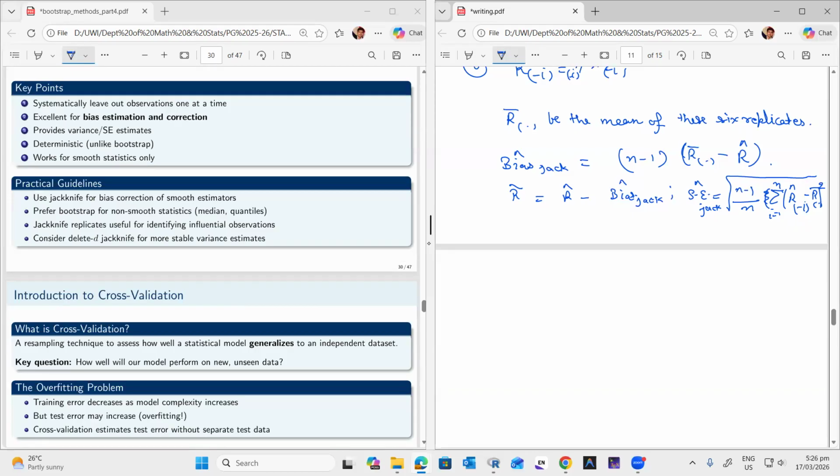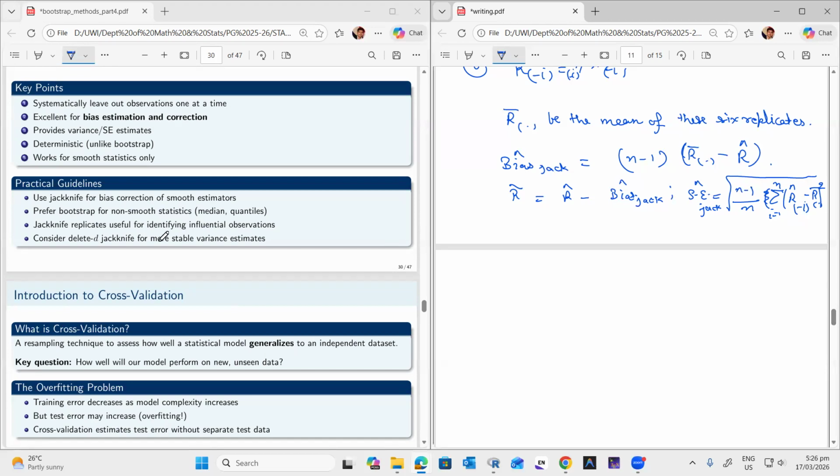We were not deleting any specific observation from the data. We were resampling, and at that time, what was happening? One observation was repeating multiple times. All right, because it was with replacement, right? So that is the difference between jackknife and bootstrap.